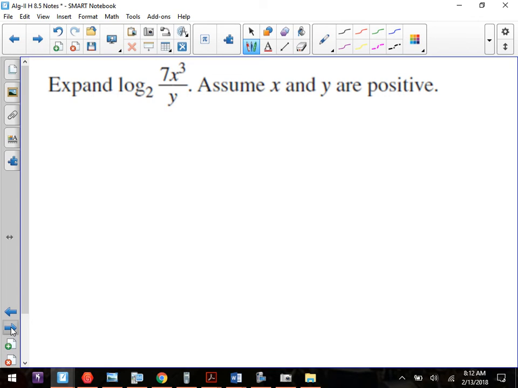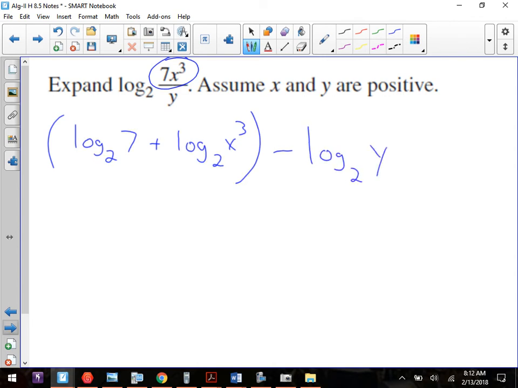I have 1 thing in the numerator with an exponent, and I have a division symbol for the whole thing. So no matter what, I'm going to have a subtraction at the very end. Are you okay with that? Because they combine stuff. So whenever we have multiple parts in the numerator, you put parentheses around it. So you'll get log base 2 of 7 plus log base 2 of x cubed subtract log base 2 of y.